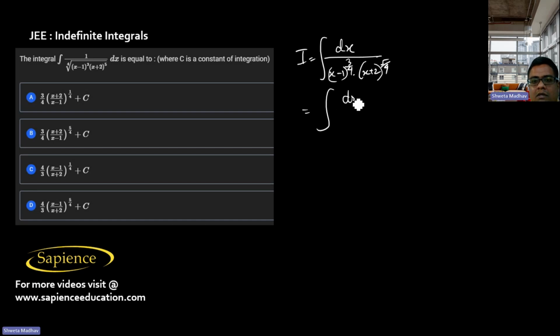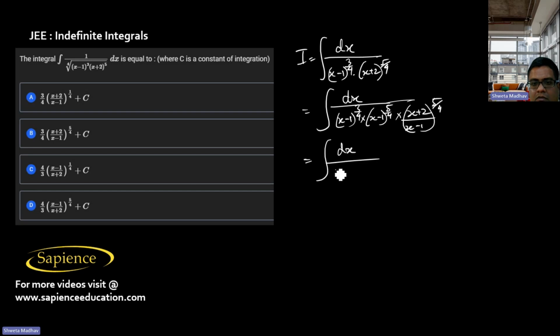Then we can write integral dx by x minus 1 whole power 3 by 4 into x minus 1 whole power 5 by 4 into x plus 2 by x minus 1 whole power 5 by 4. So then this will be integral dx by x minus 1 whole square, since 5 plus 3 is 8, 8 by 4, and into x plus 2 by x minus 1 whole power 5 by 4.